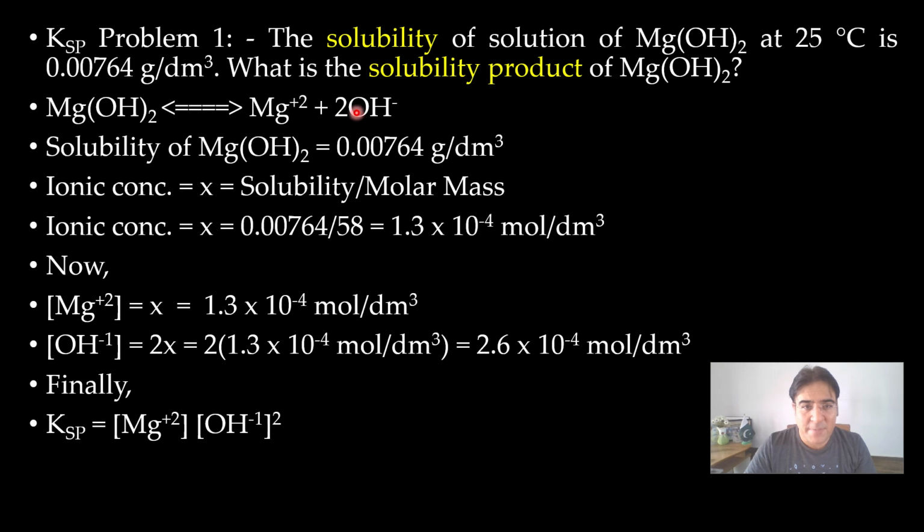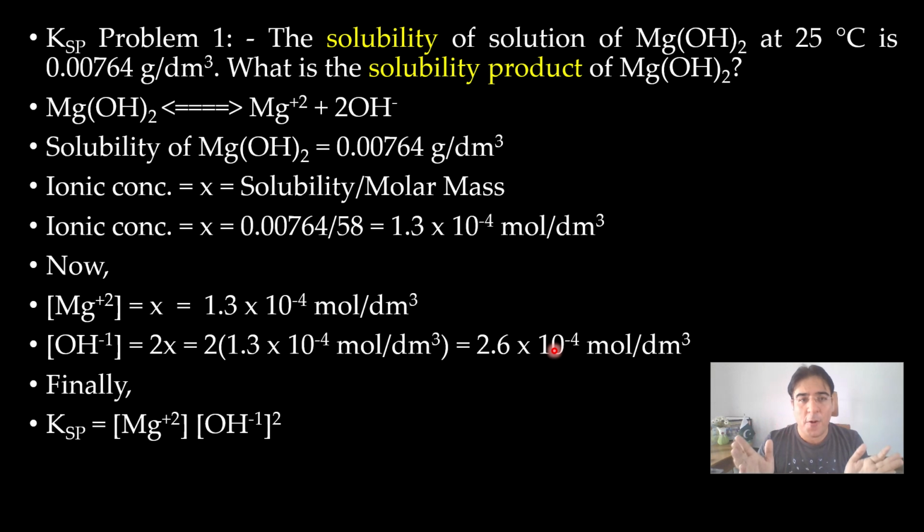There are two OH minus ions, so this is OH minus to the power 2. And because this is one magnesium ion, the ionic concentration for the magnesium ion will be the same as X. Because there are two OH ions, it will be 2X. We just multiply this X with 2 and this is the answer.